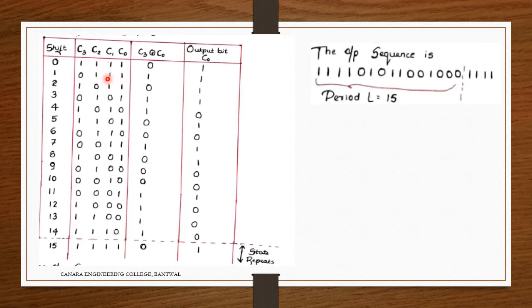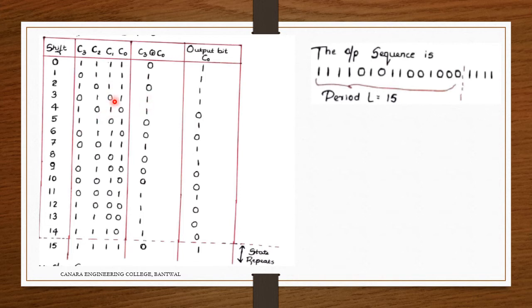Then again C3 and C0, it's 1. The output bit is C0. Then this bit 1 is given as feedback to C3. So again this will shift here, 1, 1. C3 and C0, modulo 2 is 0 here. Again this is feedback and 1 will be gone here. So 0, so 1 here, 0 here, 1 here, 1.